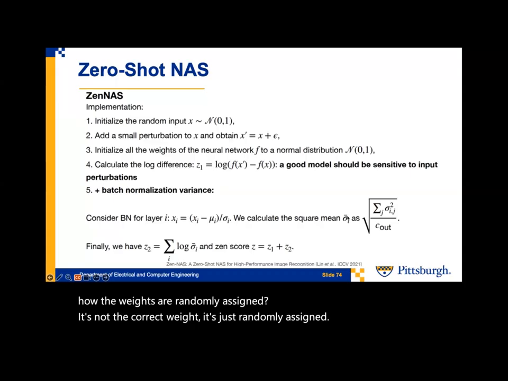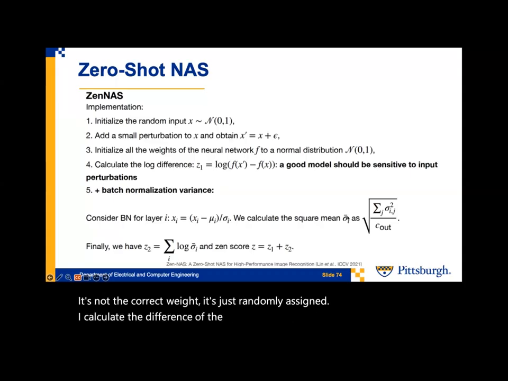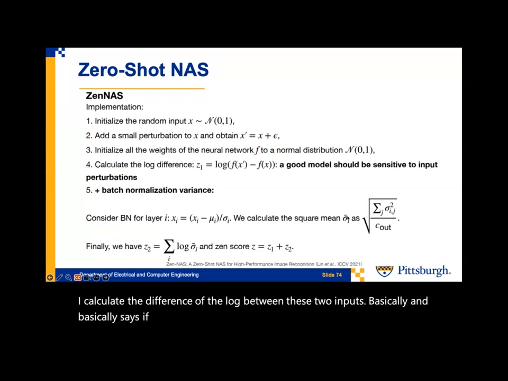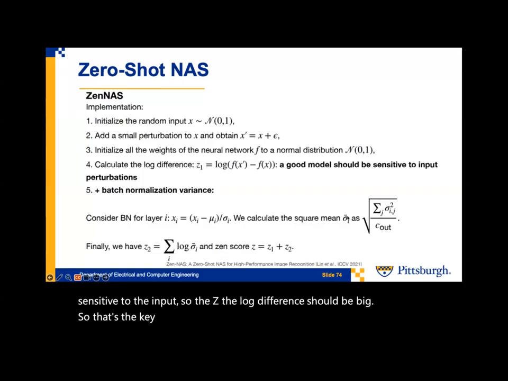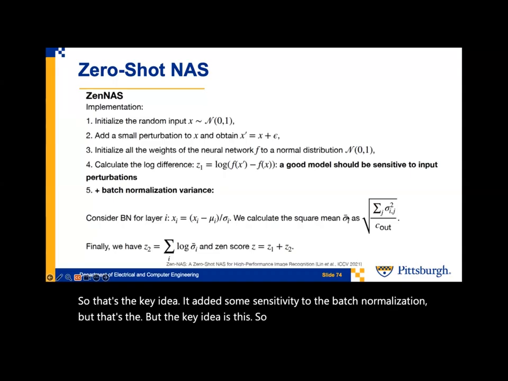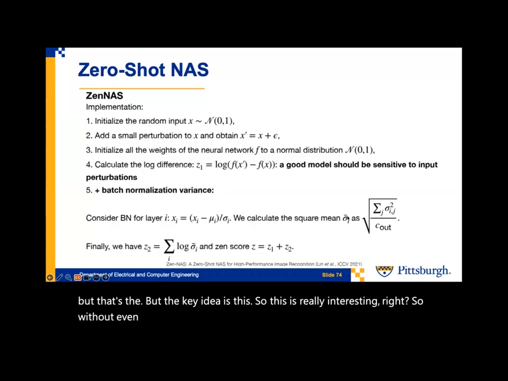I calculate the difference of the log between these two inputs. Basically it says that if it were a good model, it should be sensitive to the input, so the log difference should be big. That's the key idea. It added some sensitivity to the batch normalization, but the key idea is this. This is really interesting, right? Without even training it, I'm using one known rule to rule out all those bad network designs. Does that make sense?